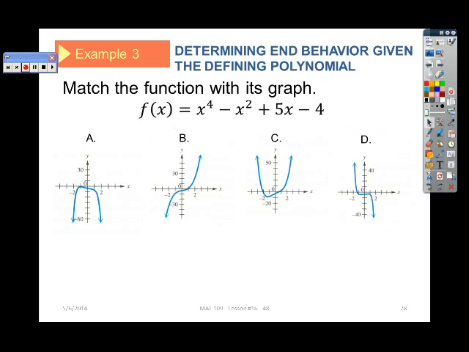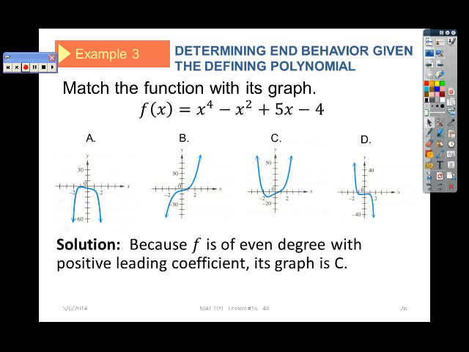Secondly, if the number in front of here is positive, both ends have to go up. If it's negative, both ends have to go down. That's a positive number, so we can eliminate this one. That has to be the graph of that function. So there's the graph.